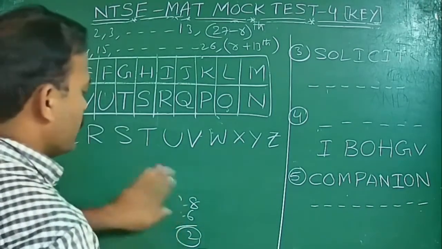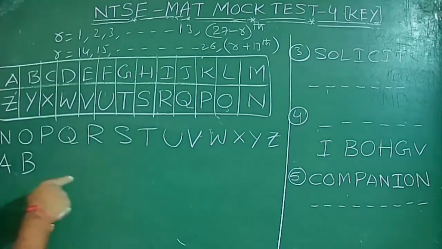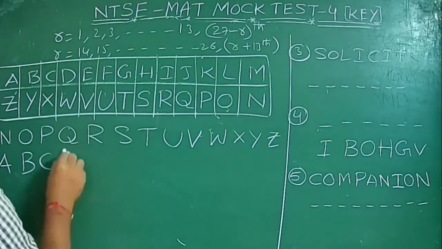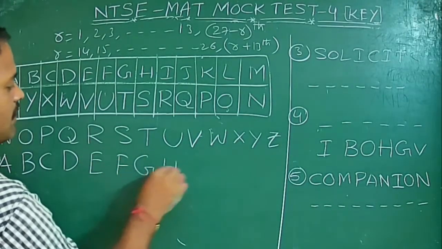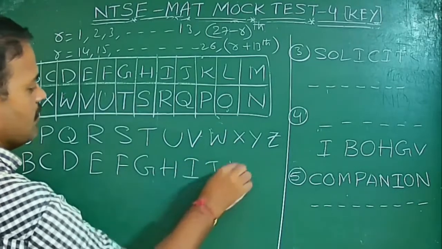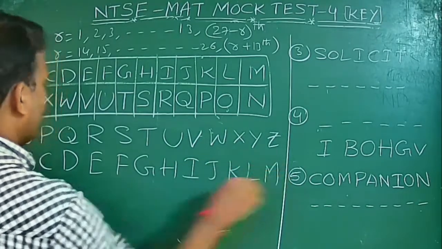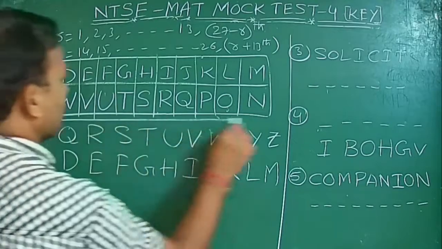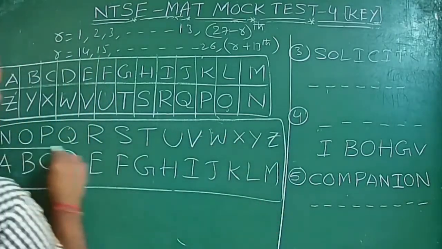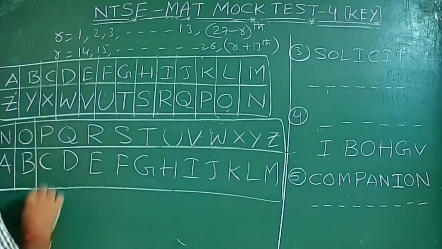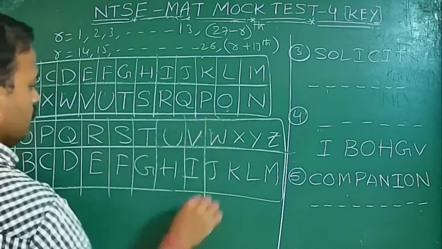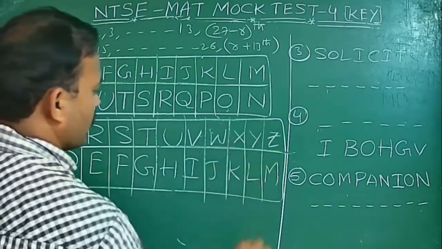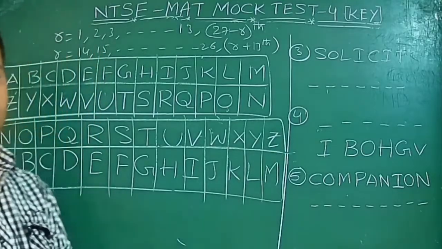Now gradually what letters will come using R plus 13? A, B, C, D, E, F, G, H, I, J, K, L, M. So this is the second order. Okay.